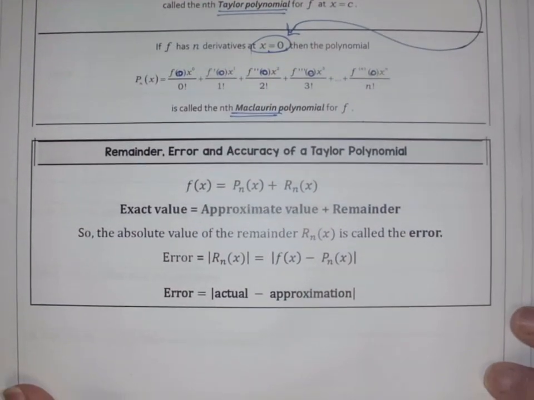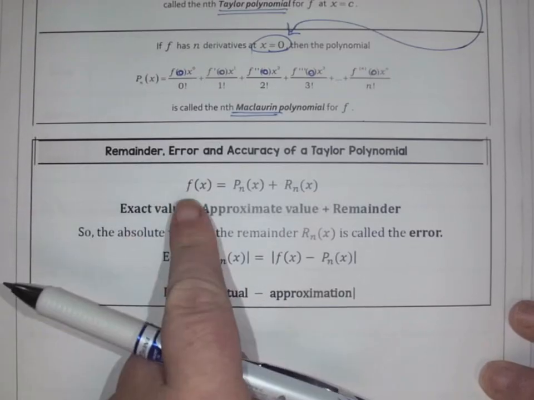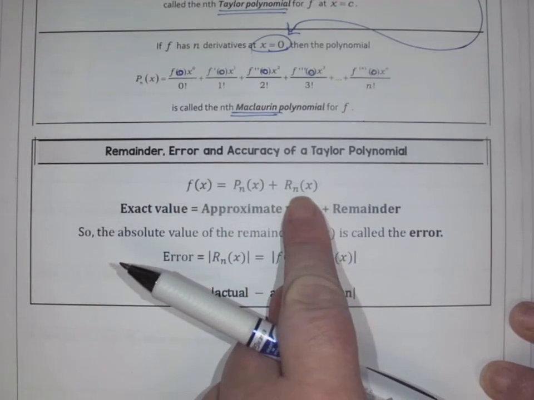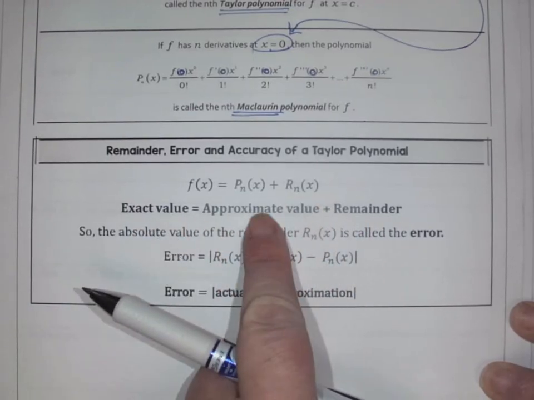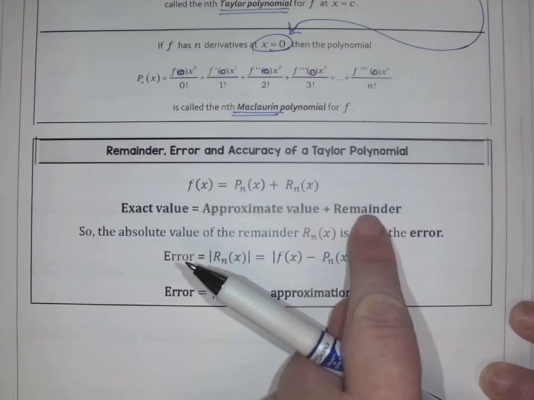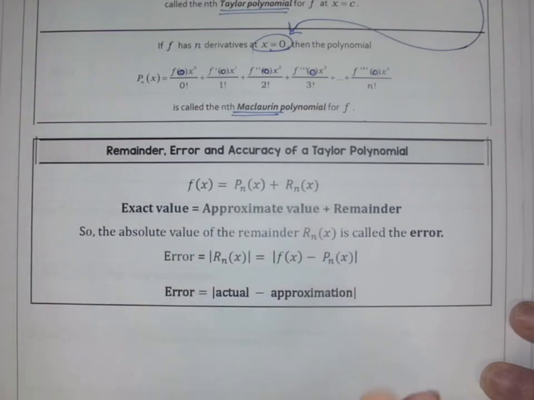Just some more vocabulary that we need to talk about. So the exact value is going to be the polynomial value plus some remainder. And that's what this says right here. So the exact value is the approximate value, that would be the value that the polynomial gives us, plus some difference, because they're not exactly the same, but they're really close.